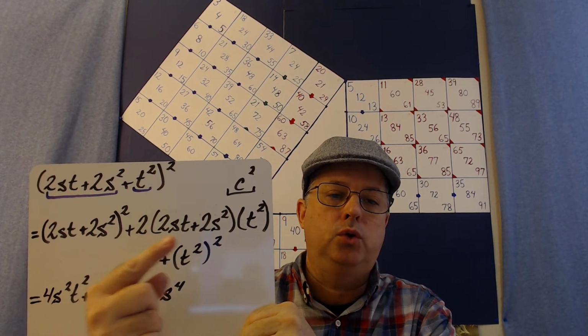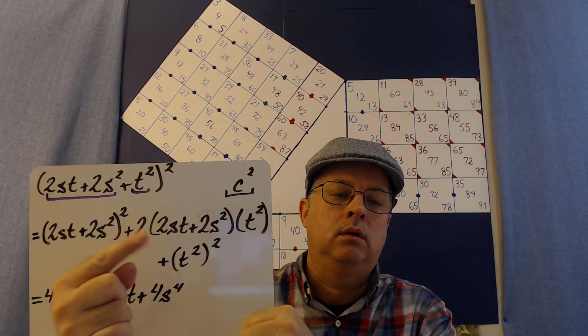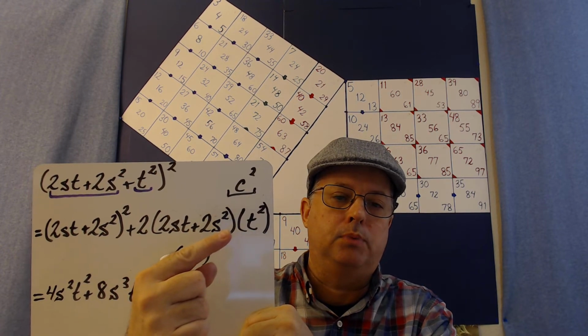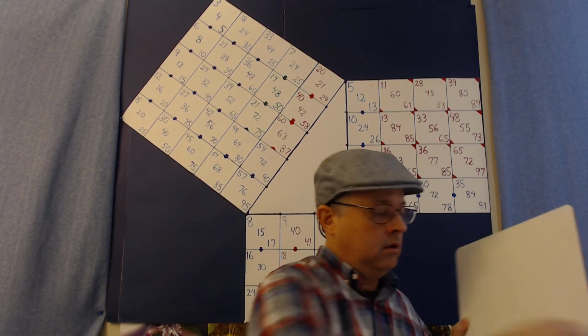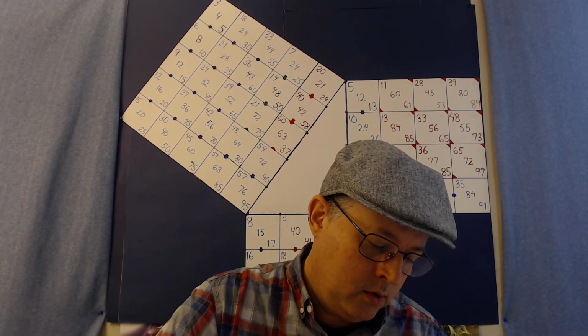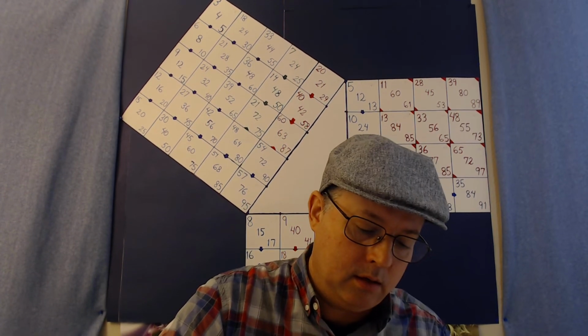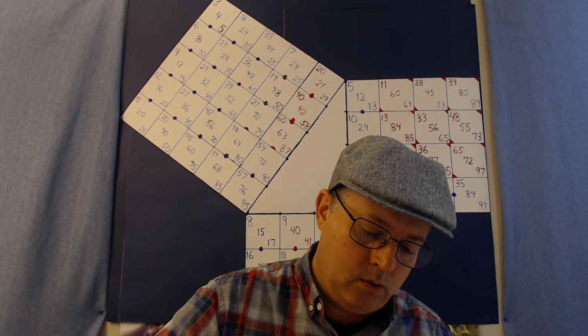Okay, and now then let's go through this here. We have 2t squared times this parentheses in the middle. So let's do that on another slide here. Okay, so we have 2 parentheses 2st plus 2s squared times t squared.